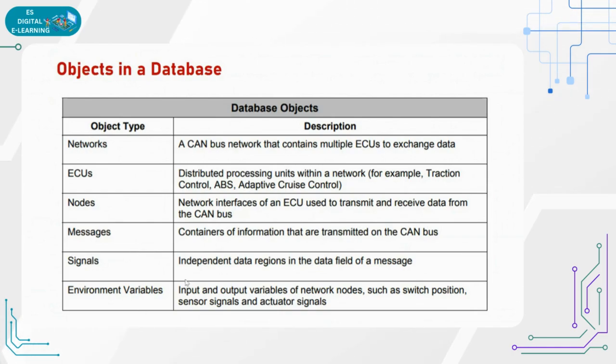The environment variables are the input and output variables of the network node, such as switch position, sensor signals or actuator signals.